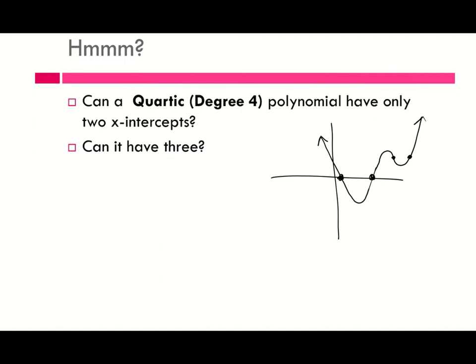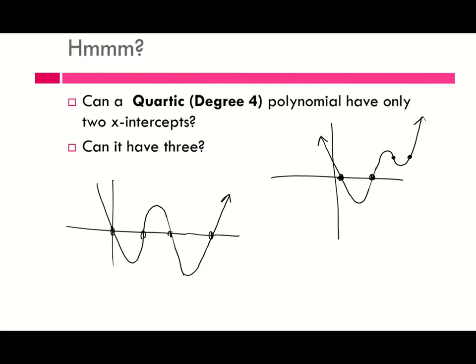Now, if we were asked, can it have 3 x-intercepts? If we were to try and draw a graph of this, we have 1, 2, 3. The answer is no, because we have, okay, 3, but somehow this graph has to come back up, which would then give us 4 x-intercepts.